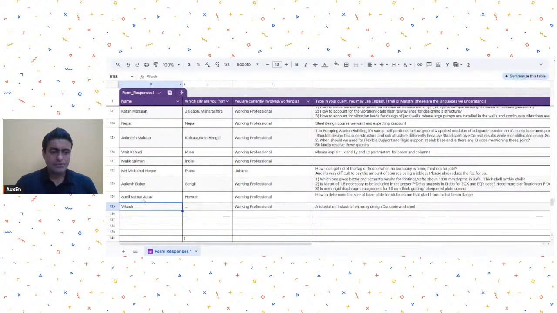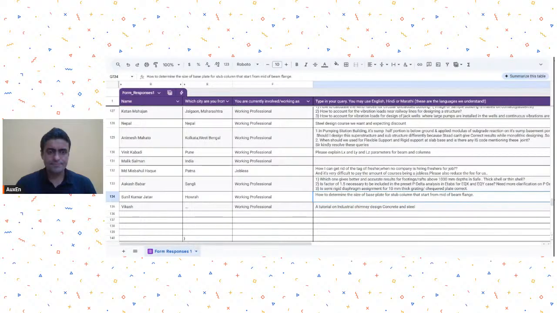So the next question is from Sunil Kumar Jatav. He is joining from Howrah. He is a working professional, and he is asking: how to determine the size of base plate for a stub column that starts from the mid of the beam flange?